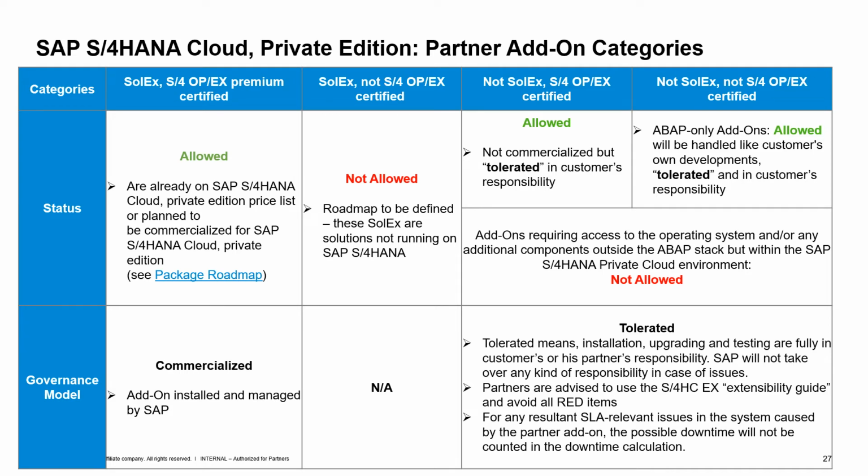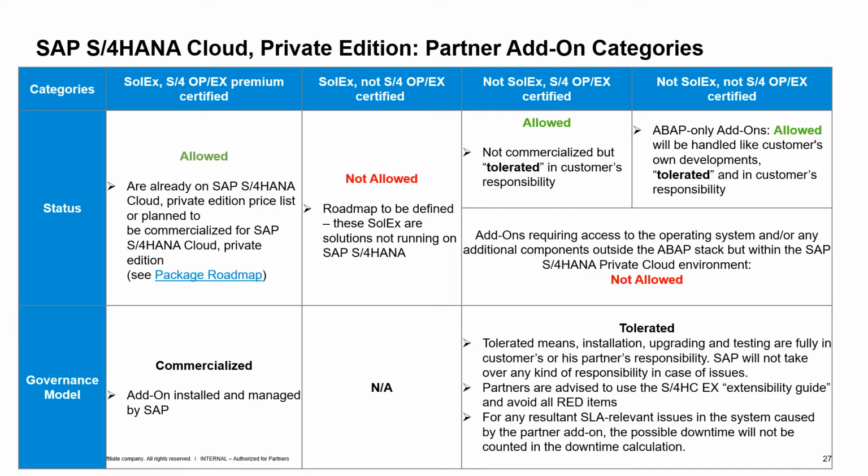Next, they're not Solex, they're not S/4HANA on-prem or Extended Edition certified. So for ABAP-only add-ons, they are also allowed. So this means your packages, extensions, and add-ons do not have to be certified or qualified, but they are tolerated by SAP.